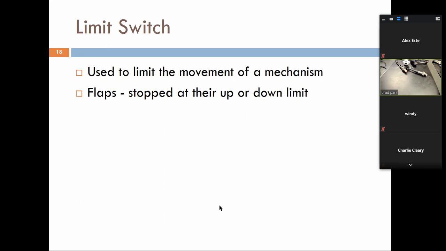What happens when the down limit switch or up limit switch is missing? Well, that motor keeps moving, right? And it doesn't stop until something else gives. So you want to make sure that if you're messing with a limit switch, you know how to adjust it properly and set it up.